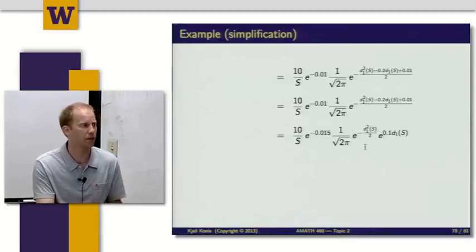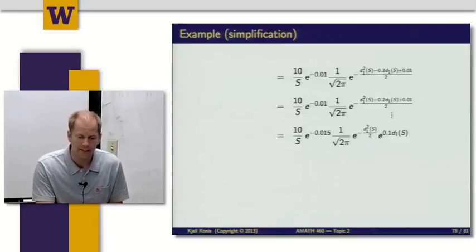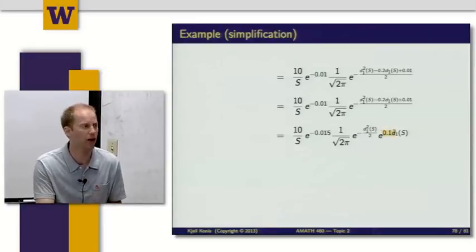And remember, when I'm adding things together in an exponent, I can also think of that as a product of e to each one of those terms. So what I had meant to do in this line here, I wanted to have e to the minus d1 squared over 2. That's what's going to end up here. I'm going to have minus times minus, so e to the positive 0.2 d1, but I'm dividing that by 2, so I get e to the 0.1 d1.